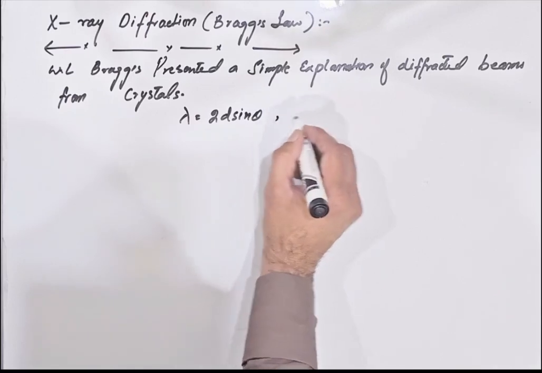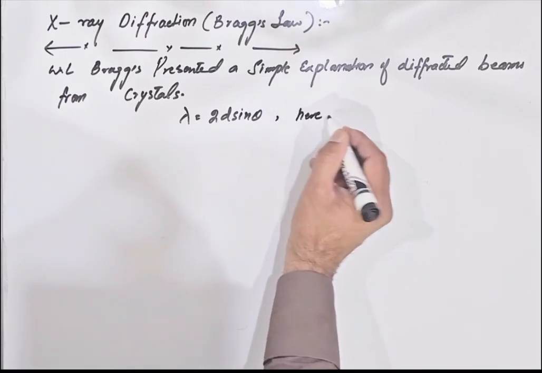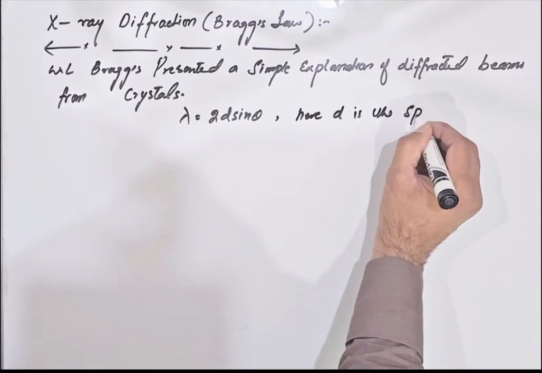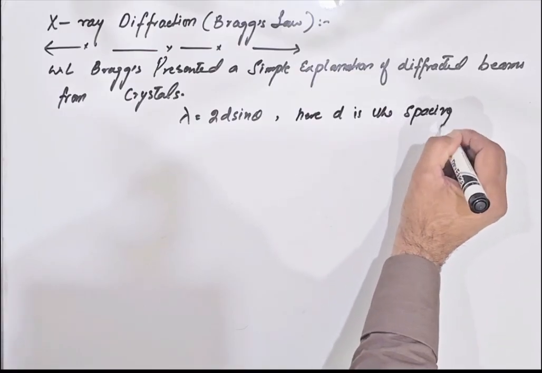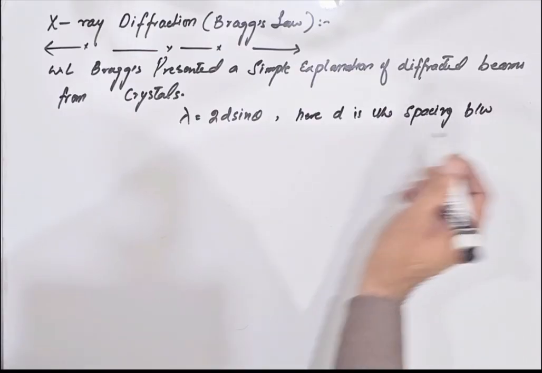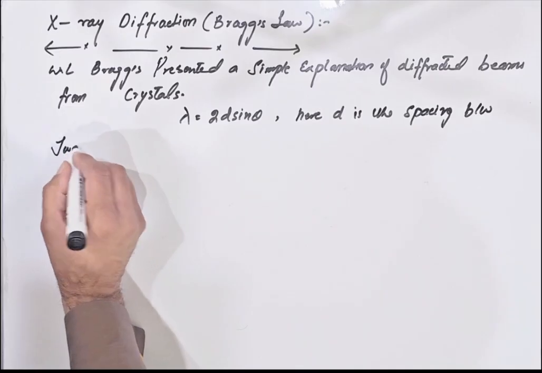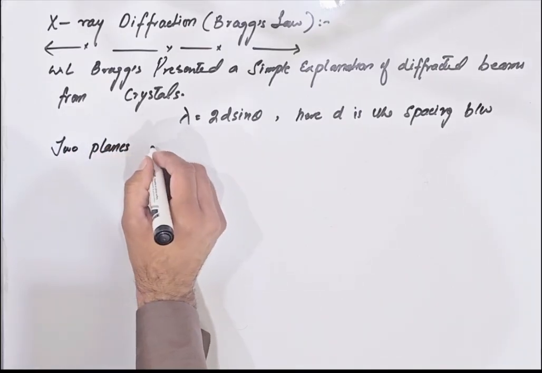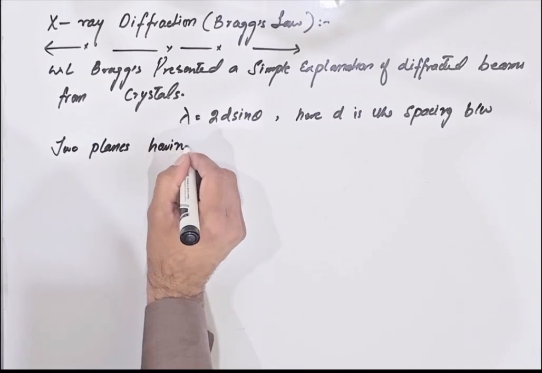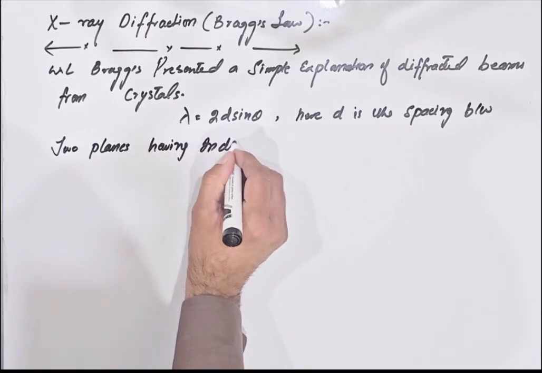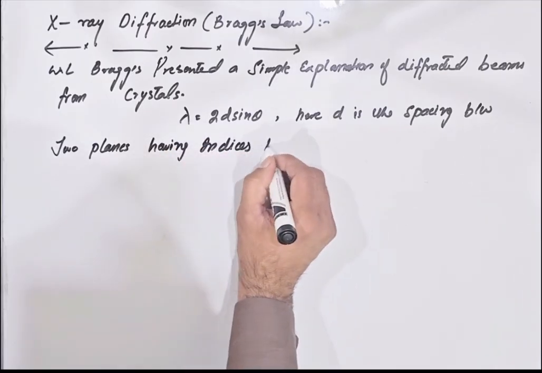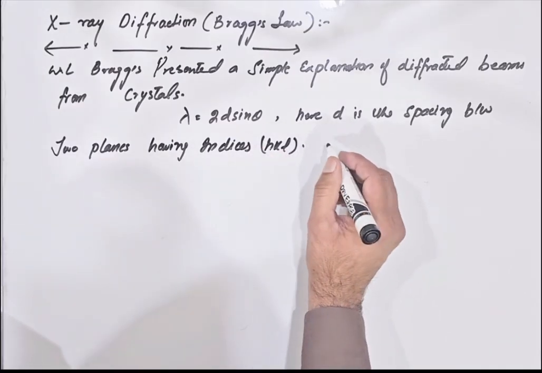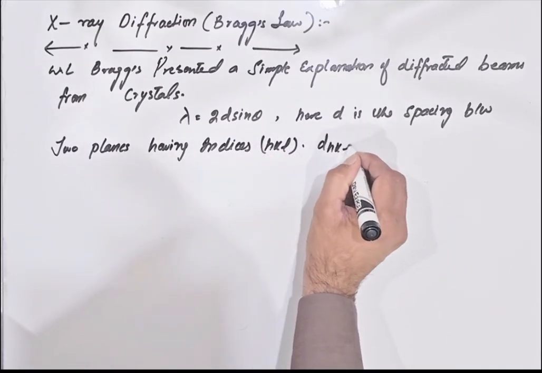Here d is the spacing between two planes having indices HKL, that is d_HKL.